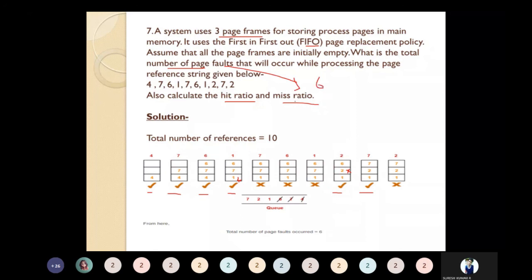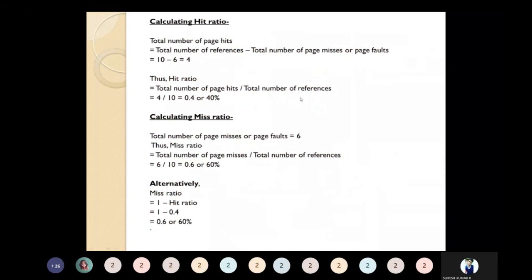Next my question: hit ratio and miss ratio. There is a formula to calculate the hit ratio. The number of page hits is the total number of references minus the total number of page faults, or page misses.